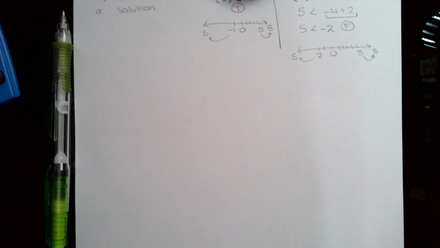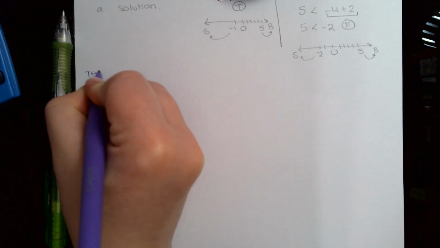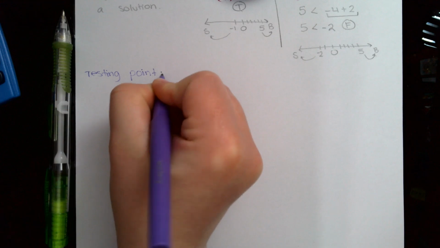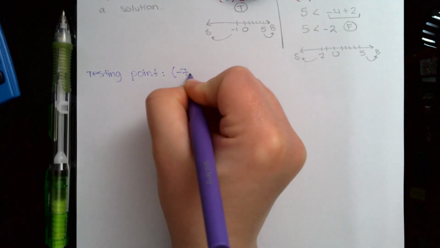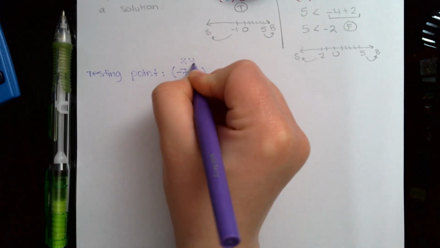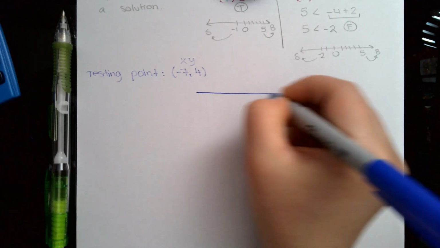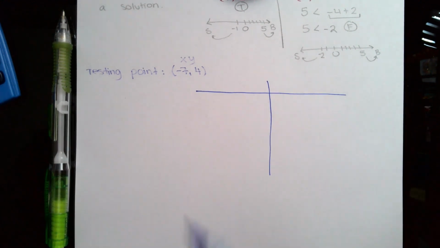So our next testing point is going to be (-7, 4). I'm going to try this again and see what that is. Is that going to give me a true-true, false-false, true-false?